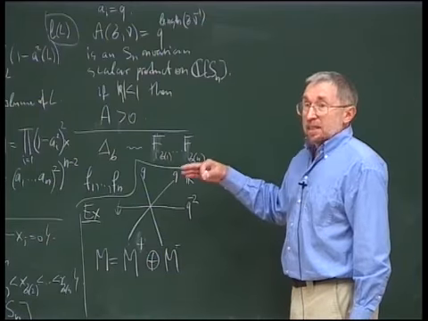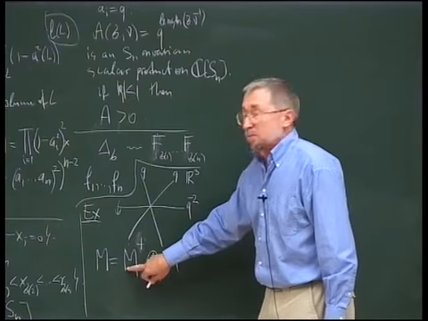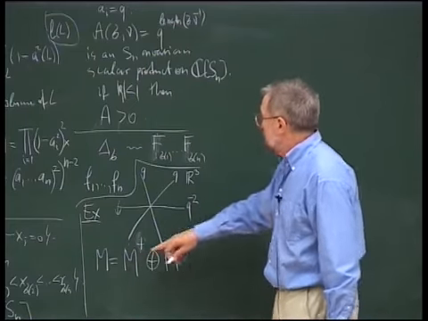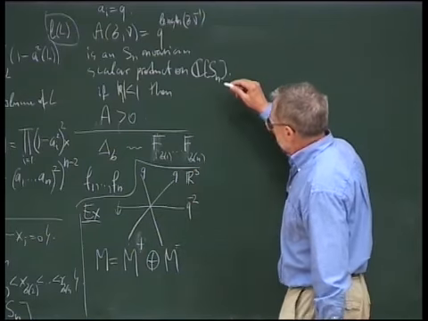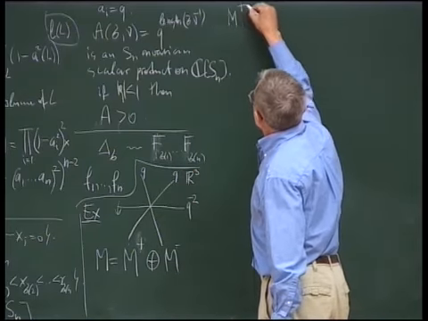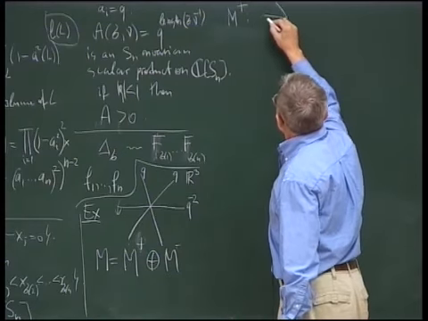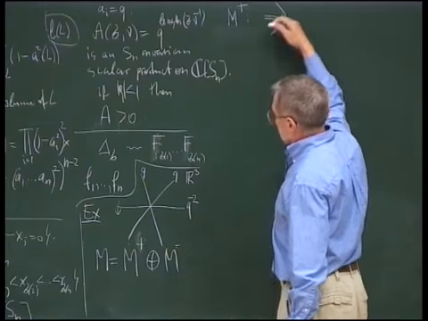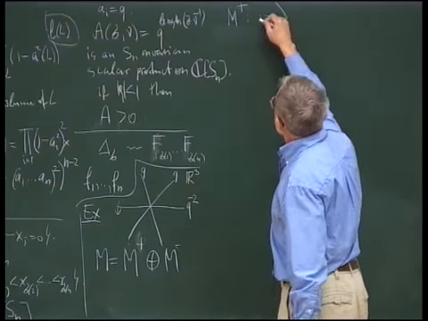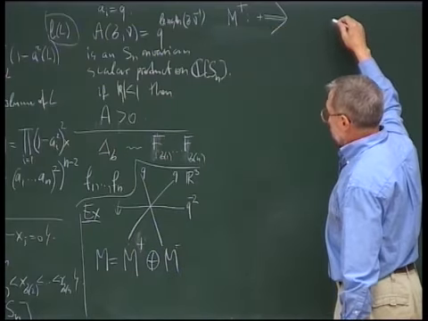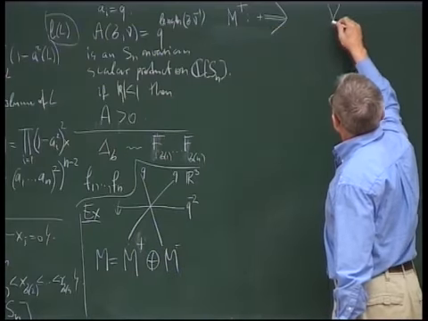Let us consider this space, for example. It will be 3-dimensional. So what will be the basis in M plus? A basis will be this domain plus that domain, this plus that. Or it can be this domain plus that domain.